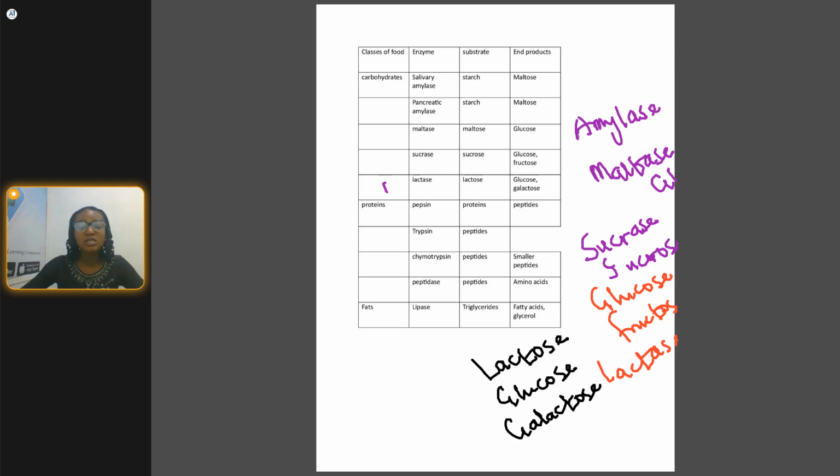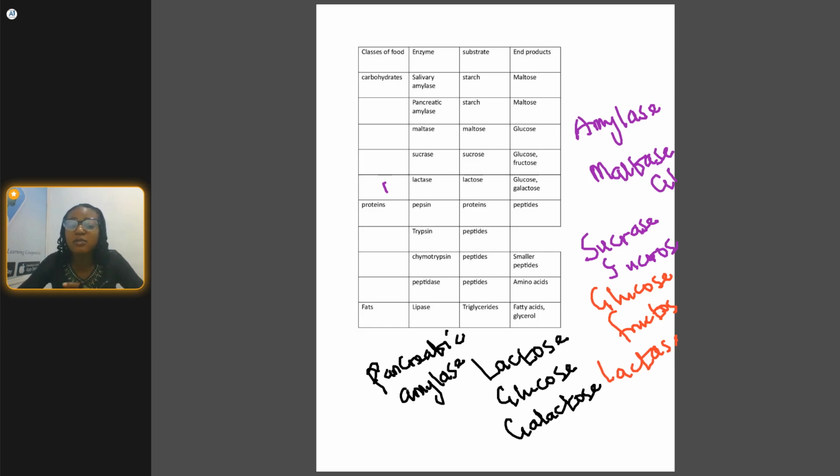This enzyme is secreted in the pancreas, so we call it the pancreatic amylase.